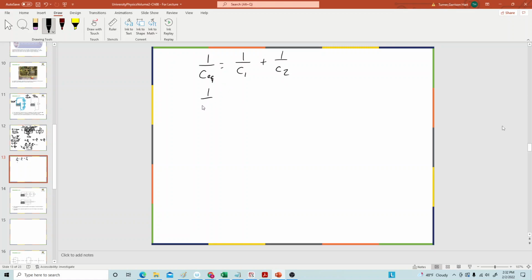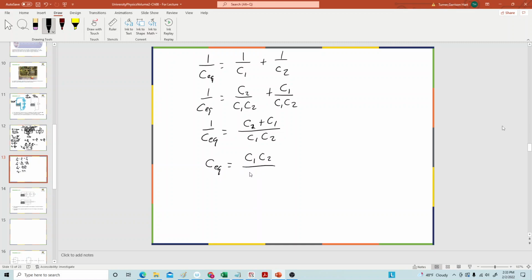And getting common denominators, this is C2 over C1 C2 plus C1 over C1 C2. And so then this becomes C2 plus C1 over C1 C2, which is equal to 1 over the equivalent capacitance. And so the equivalent capacitance in series is going to be equal to C1 C2 over C1 plus C2.